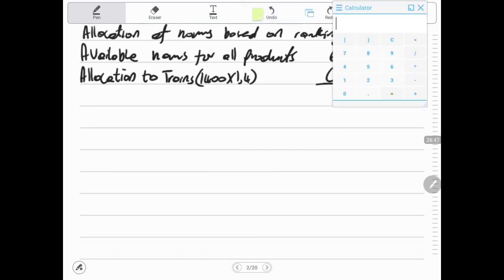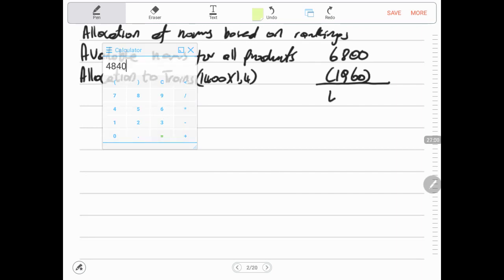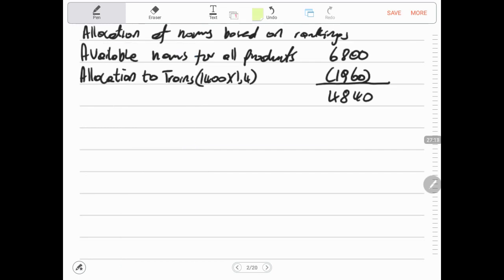So now we can take that 1,960. So we have 6,800 minus 1,960. So we get 4,840. Just to confirm, 6,800 minus 1,960 is 4,840.